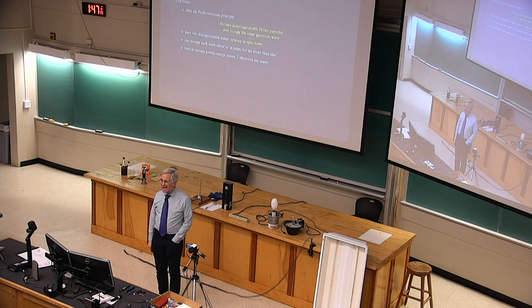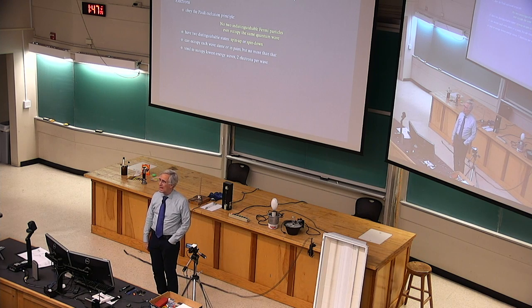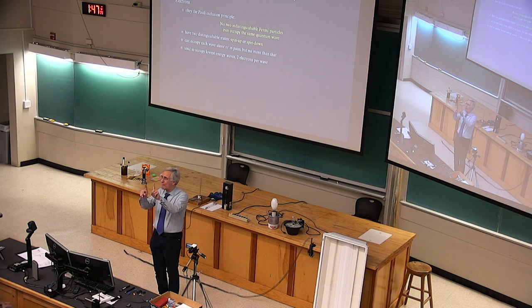It turns out you can, however, get 2 electrons into a single standing wave. Why? Because electrons have 2 possible internal states, which I've described before in the context of magnetism: spin up and spin down. By virtue of angular momentum, you can distinguish 2 electrons according to one that has the angular momentum up, for example, and one that has angular momentum down.